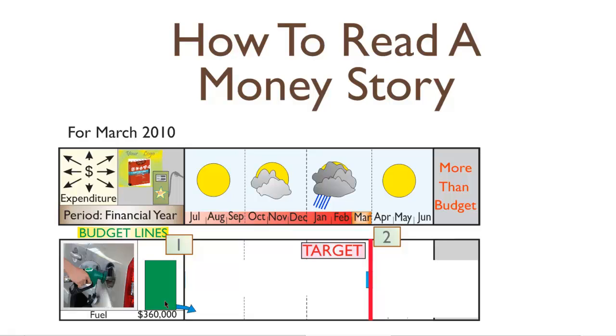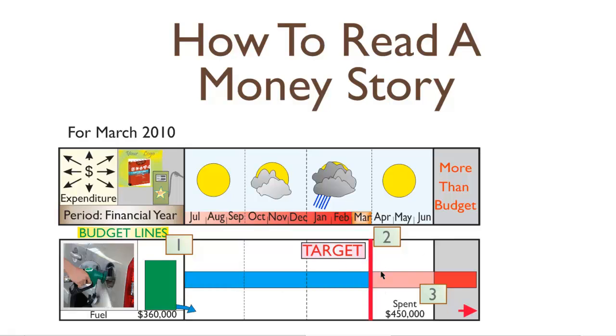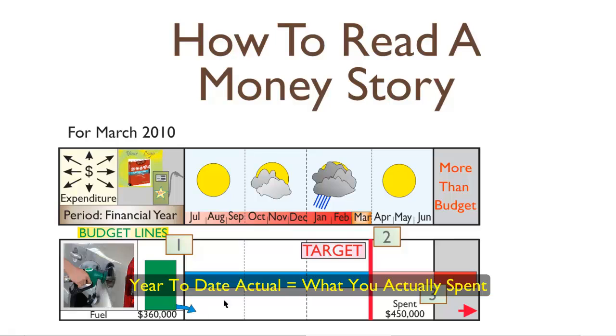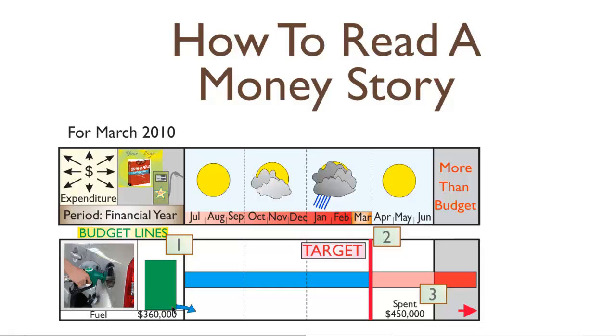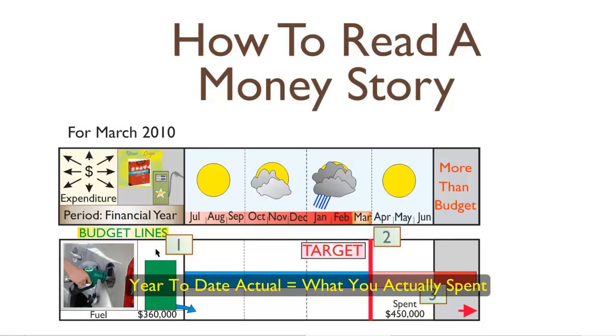So we have budget, full year budget, year-to-date budget, and then we have the actual. And here what's interesting is this actual, well, you spent $450,000. Now, if your plan to spend, your green and your blue cue for the viewer, goes from July to June, if you spent 450, you'd be spending money up here from here.